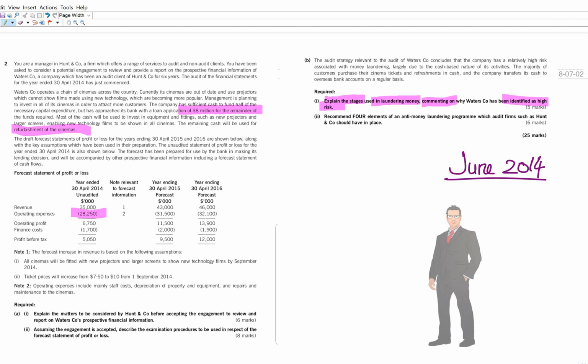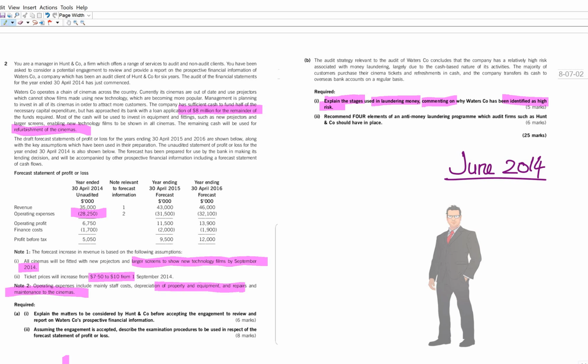Finance cost and PBT are given. The forecast increase in revenue is based on the following assumptions. All cinemas will be fitted with new projectors and large screens to show new technology films by September 2014. Ticket prices will increase from 7.5 to 10 from 1st September. The operating expenses include mainly staff costs, depreciation of PPE, and repairs and maintenance to cinemas.